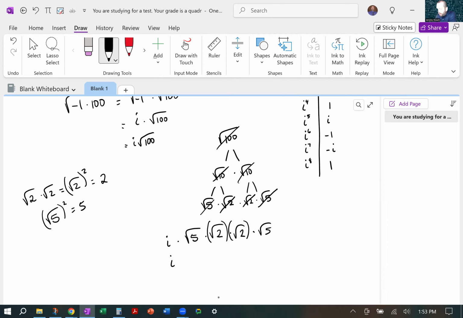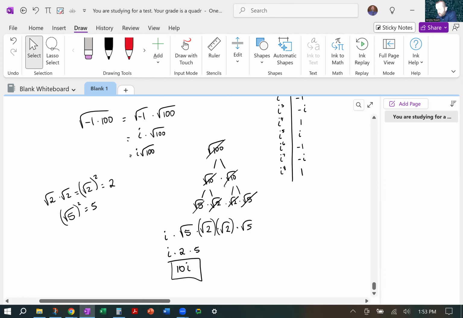So now we have i times 2 times 5, which is the same thing as 10i. Now, if you already knew square root of 100 is 10, you'd get i times 10, or 10i anyways. But I just wanted to show you how we're going to break down these numbers into their prime factorization form of radical form. So this one's going to be 10i.